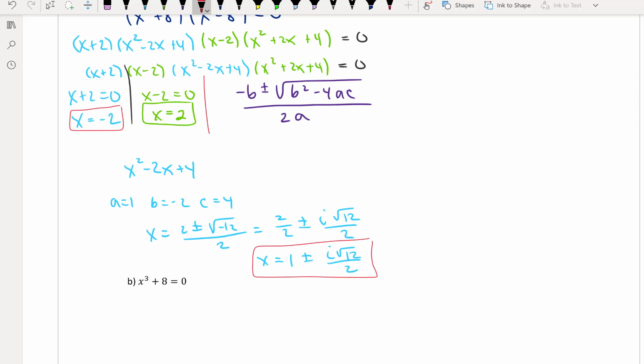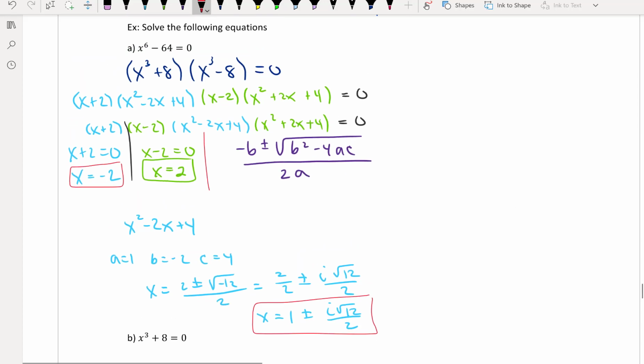So that is going to be one of my answers. The other answer that I have was in green. Again, I'm going to do the substitution. So if I have x squared plus 2x plus 4, I know that my a value is 1, b value is 2, and my c value is going to be equal to a positive 4.